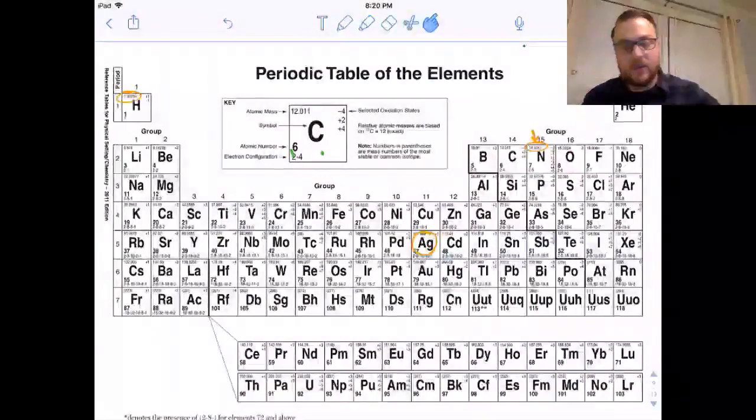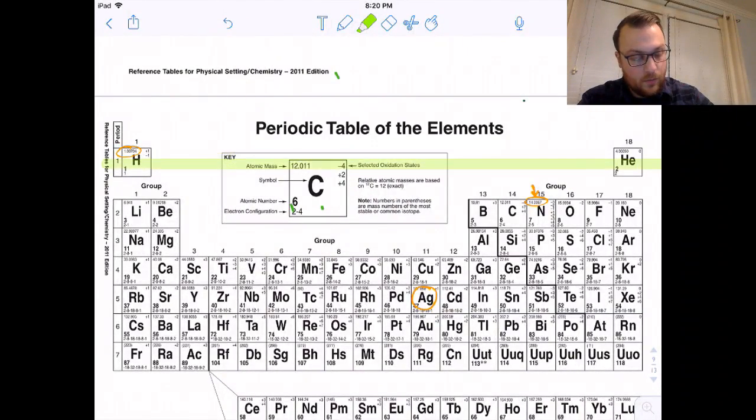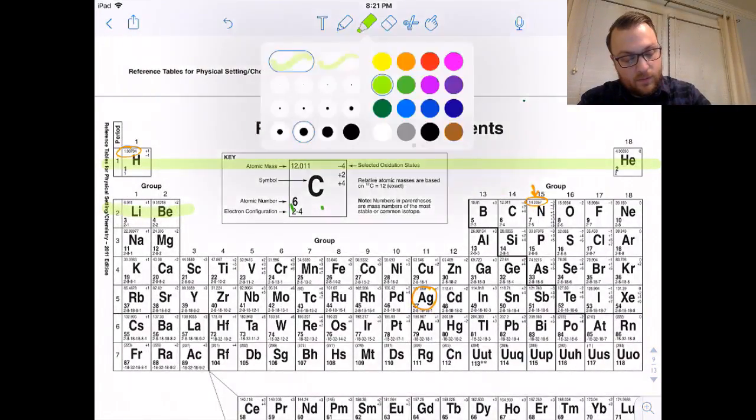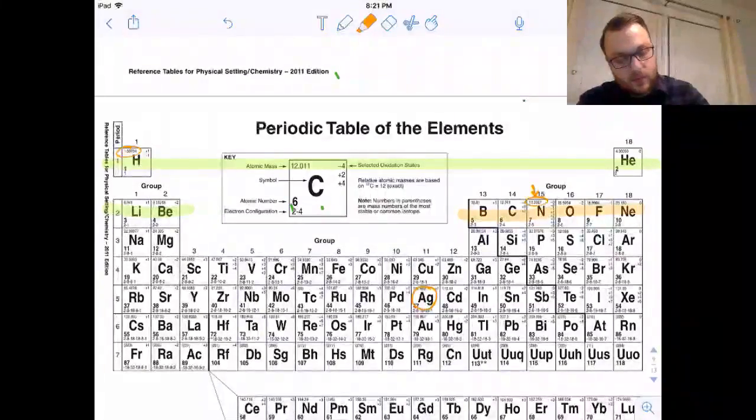So, we go 1s2, 2s2, 2p6, 3s2, 3p6. Yes, you can use a shortcut. 4s2.